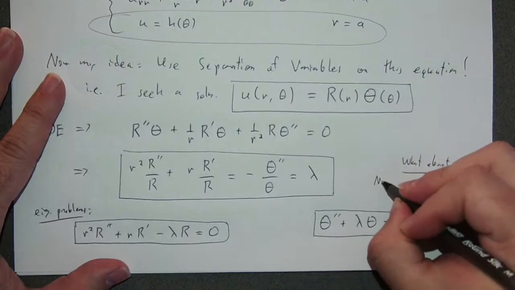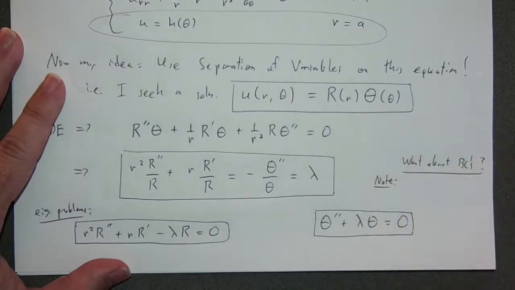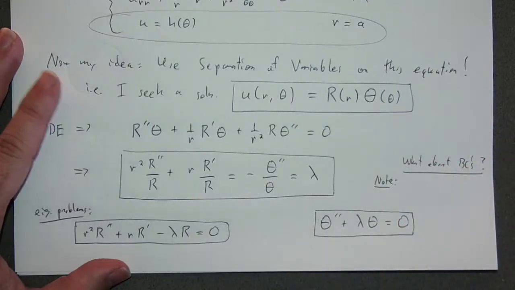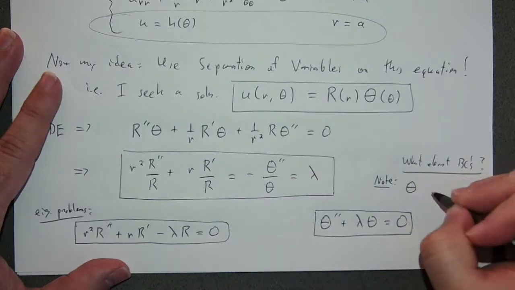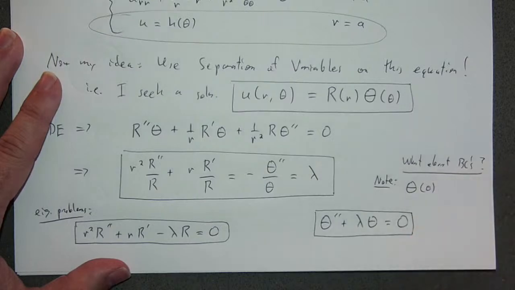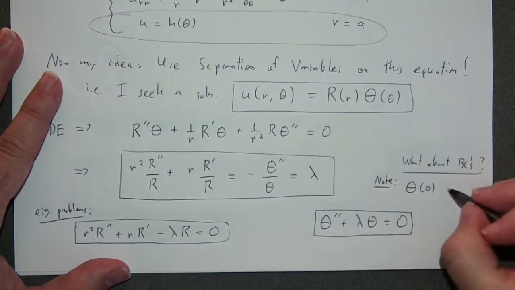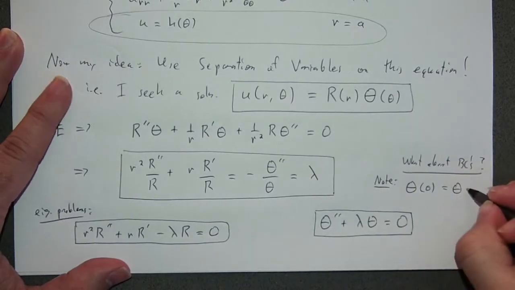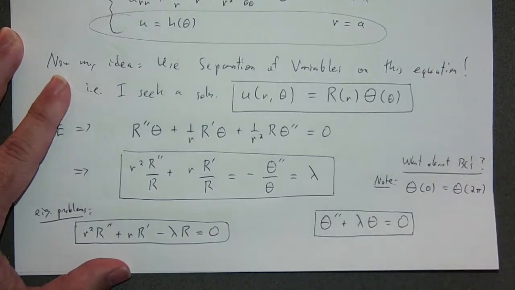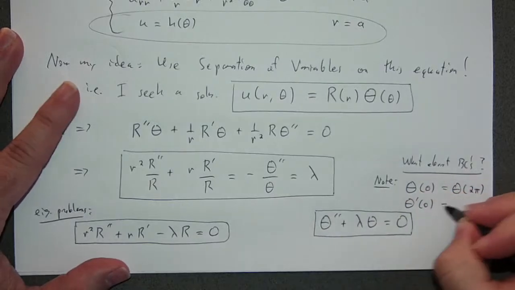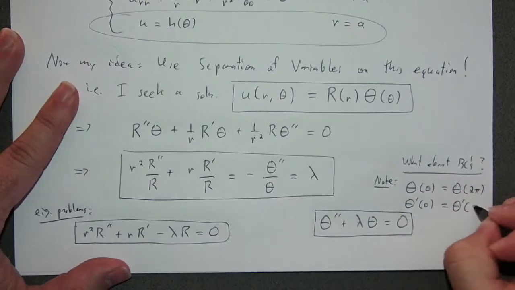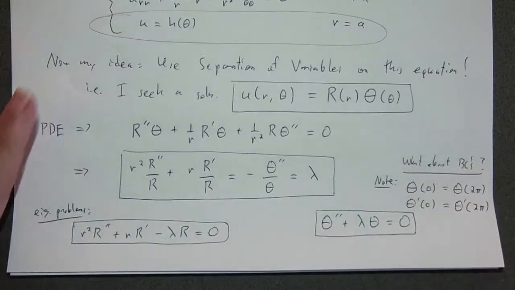Note what happens here because of this formulation is that big Theta of 0 has to be big Theta of 2 pi, and big Theta prime of 0 has to be equal to big Theta prime of 2 pi.